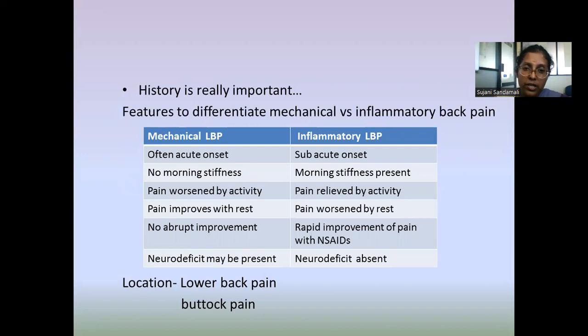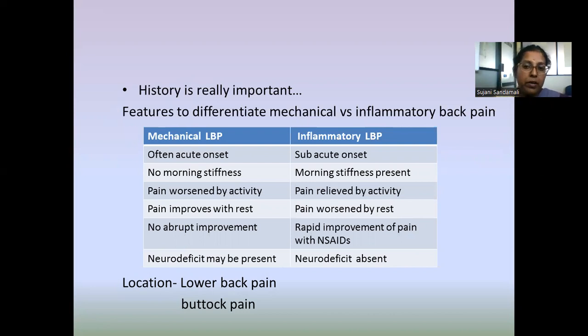When you are dealing with lower back pain, it's really important to take a proper history and examination. In the history, first you have to differentiate the back pain, whether it is mechanical or inflammatory. So we'll see how to do that.